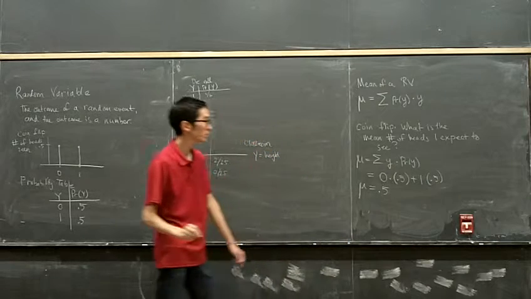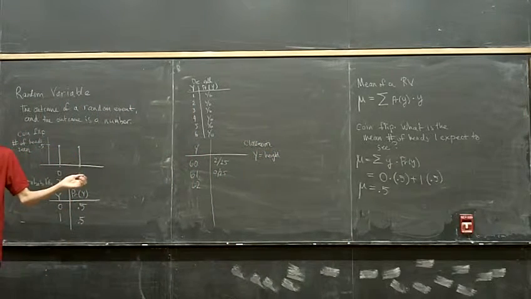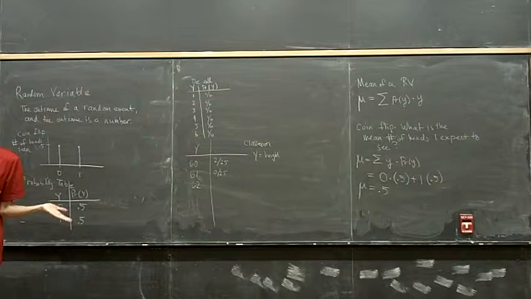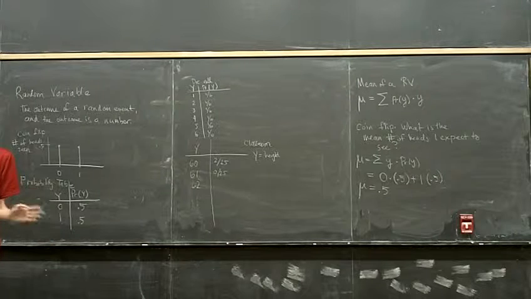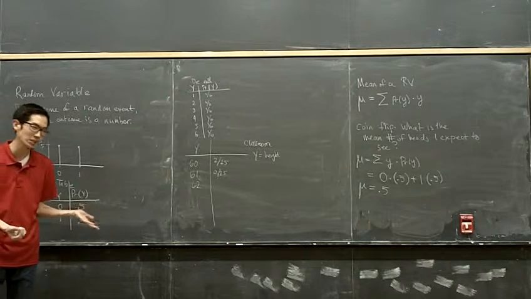So my mean mu is 0.5. That says if I flip a coin, the number of heads I expect to see is 1/2. I expect to see half a head. That doesn't quite make sense, but it does.